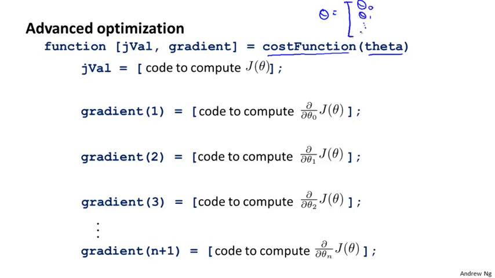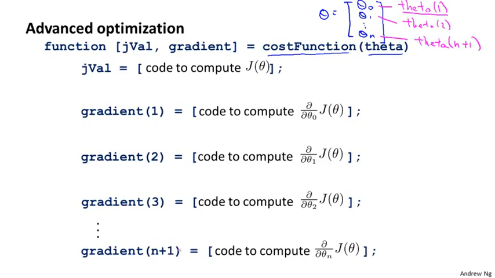So we had theta 0 up to theta n, but because Octave indexes vectors starting from 1, theta 0 is written in Octave as theta 1, theta 1 is written as theta 2, and so on down to theta n plus 1.